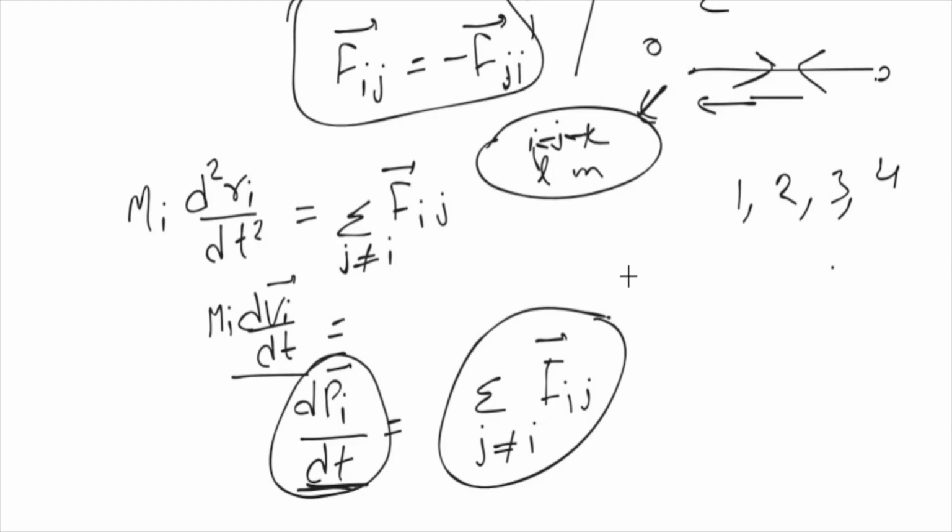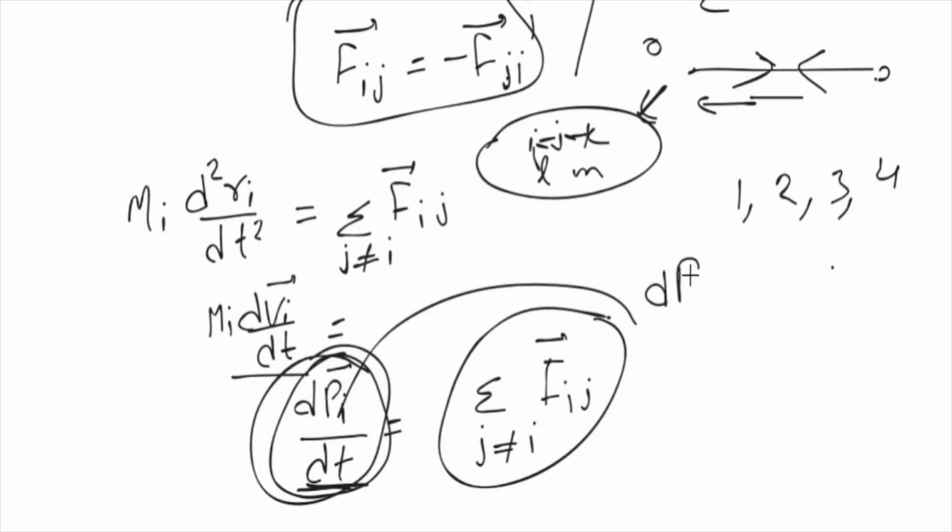Let's add up all of the equations for all the particles. So if we add all of them, then the left side will tell us the time derivative of the sum of all momenta, or we can also write it as d by dt of P total is equal to the summation over i, j of F_ij.